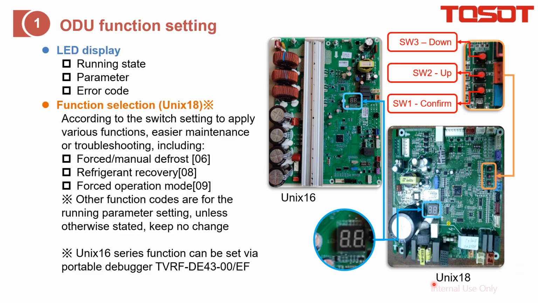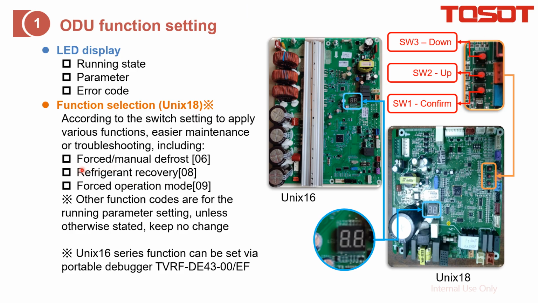On either the Unix 18 or Unix 16, the outdoor unit PCB, there is an LED here. This one is to display the operating status or the parameter, and even the error code. For the function setting on the Unix 18, you can find these buttons here. This is according to this SW1, 2, 3 to set different functions.